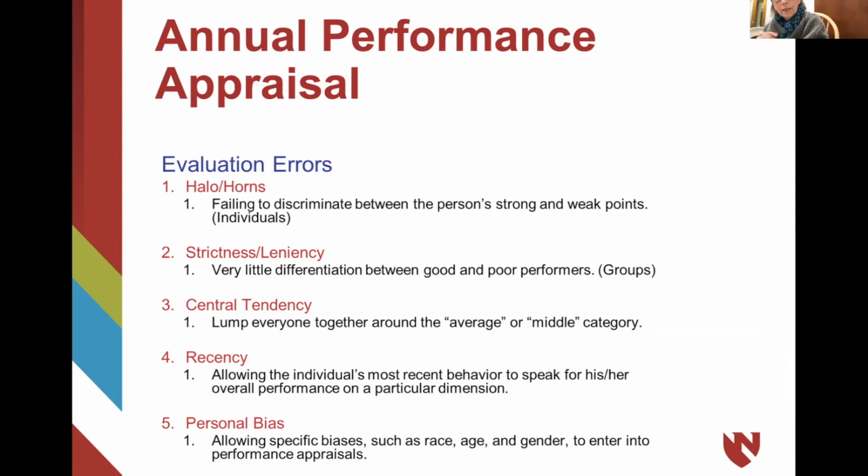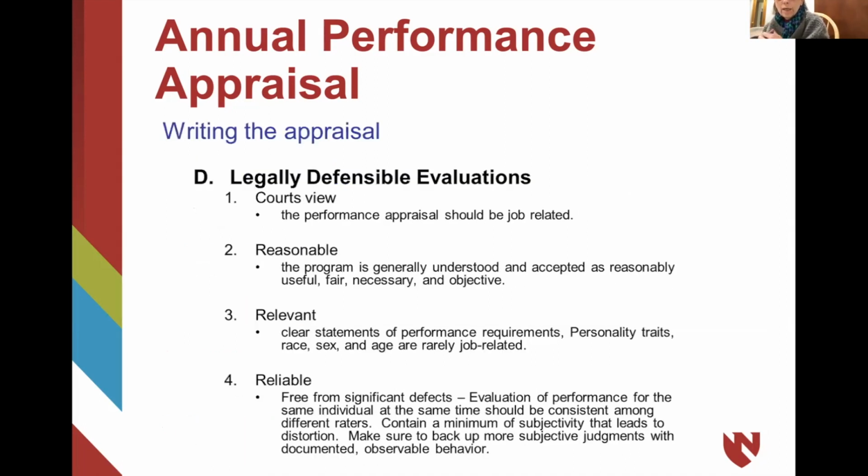And personal bias. We are all human beings and we do have biases. So we need to be aware of those biases so they don't come through as we're evaluating. Biases such as race, age, and so on.